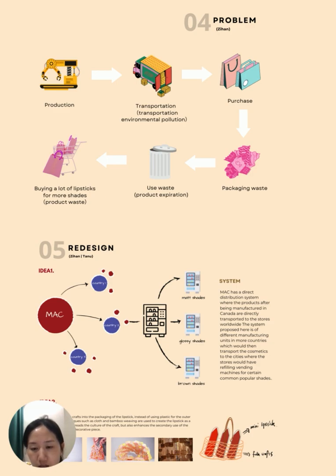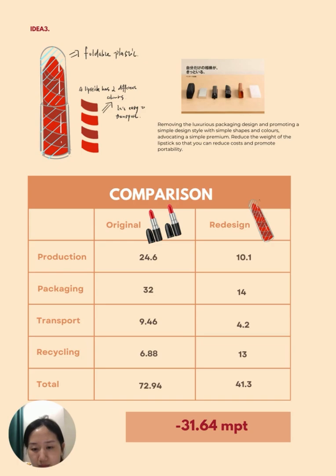use of the lipstick. We will focus on the third option. The lipstick as a whole adopts a minimalist design style. The shell is transparent, which can reduce the waste of shell packaging.